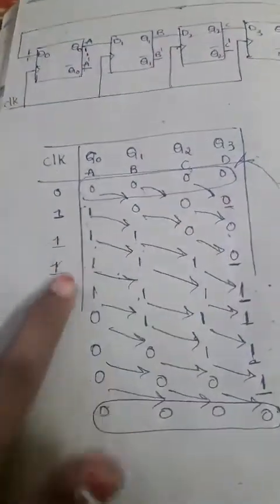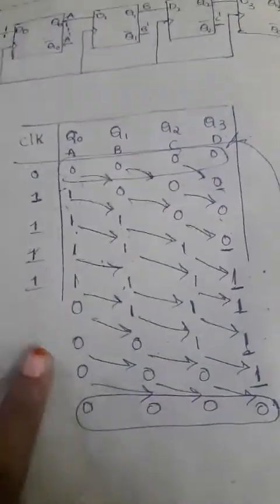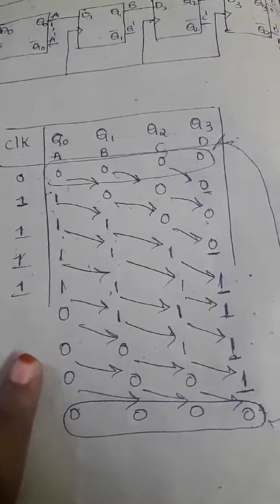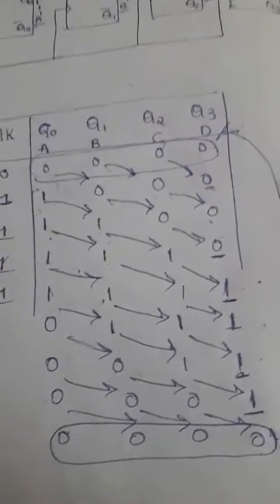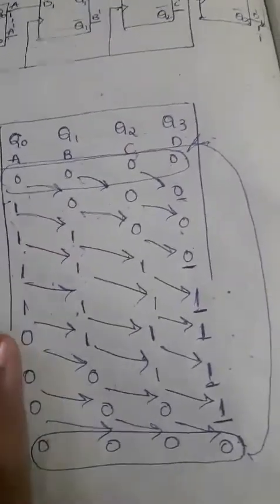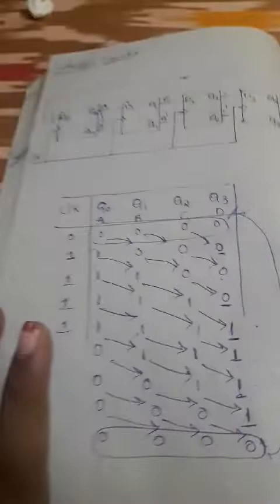That's why all the complement values are taken as the Q0 value of the first stage. After reaching 8 clock pulses, we again show the same digits, 0000. This is the explanation of the Johnson counter.